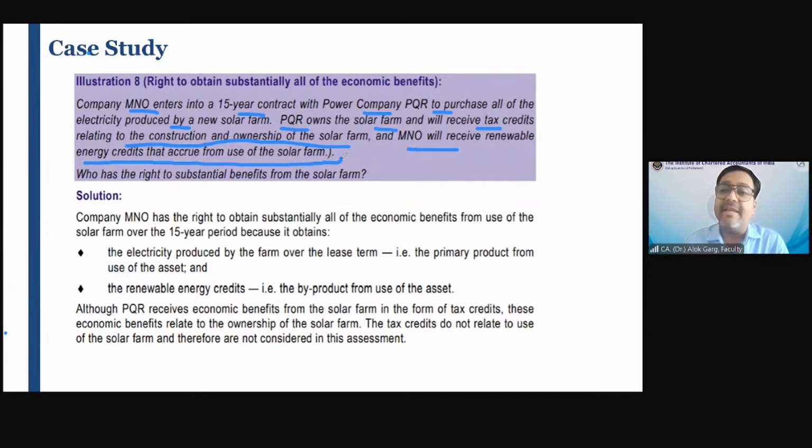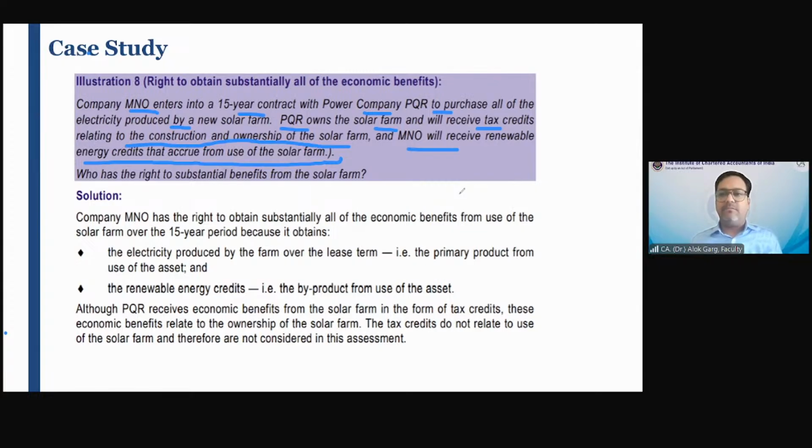Who is getting the economic benefit from use of the asset? The solar farm is an identified asset. The solar farm has been taken on lease. So who is getting the benefit from the use of the asset, which is a solar farm, and who is getting the benefit from the construction and ownership of the asset?